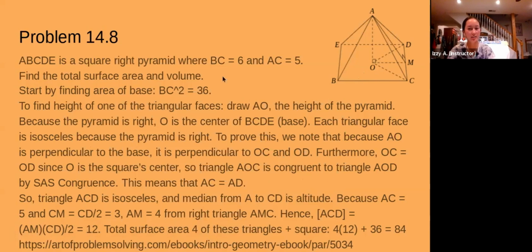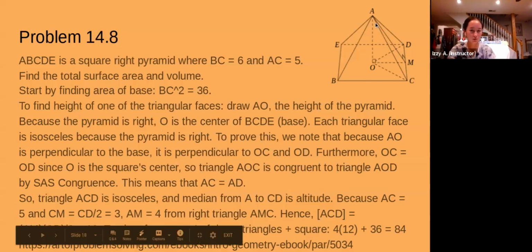So triangle ACD is isosceles, and the median from A to CD is going to be the altitude. Because AC is equal to 5, and CM is going to be equal to CD divided by 2, which is 3, AM is going to be equal to 4.